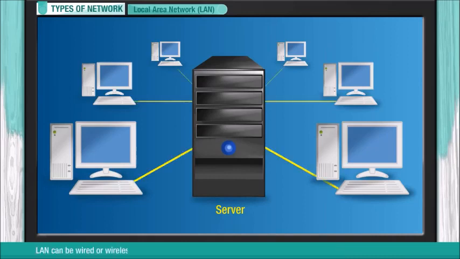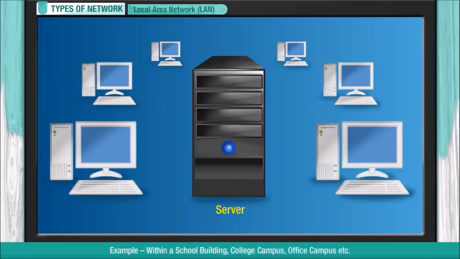LAN can be wired or wireless or in both forms at once, so they use cables or low-power radio waves for connections. Example: within a school building, college campus, office campus, etc.